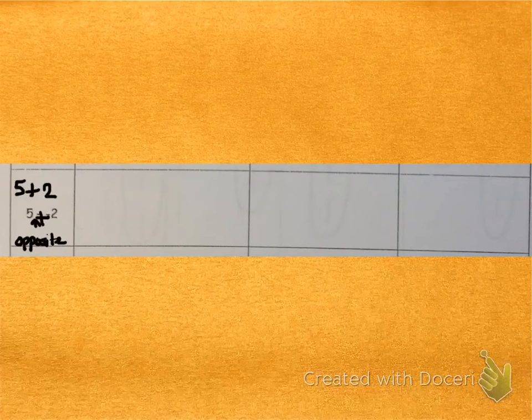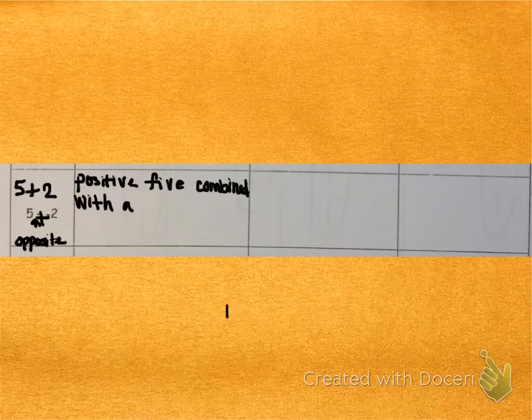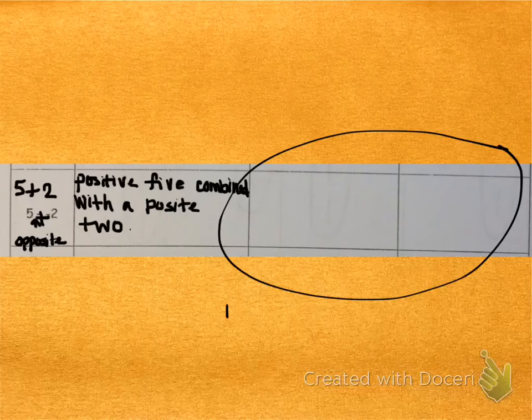These two make a positive. Okay? So here I have a positive 5 combined with a positive 2, because the opposite of a negative 2 is a positive 2. I would like you to do these next two on your own. We will check that tomorrow, and press play when you have finished.